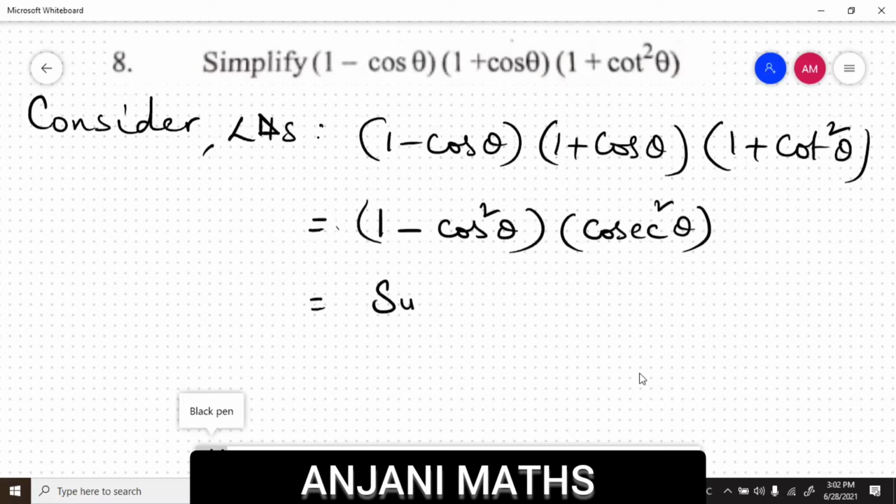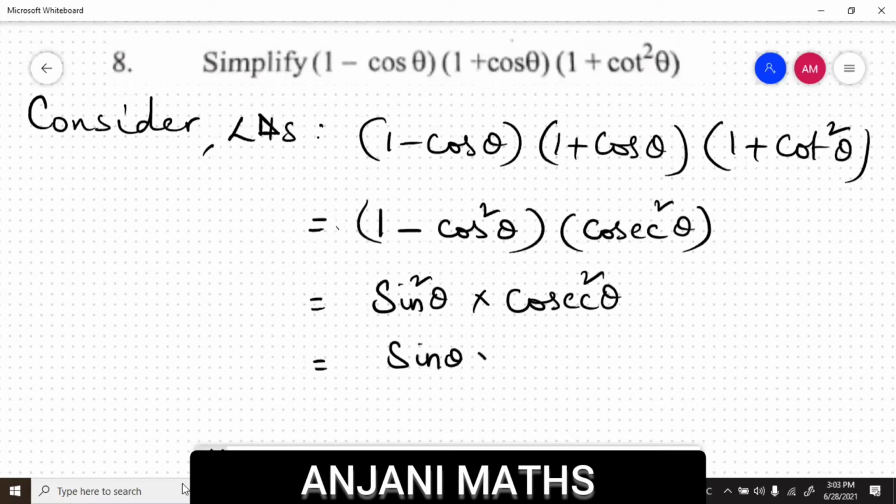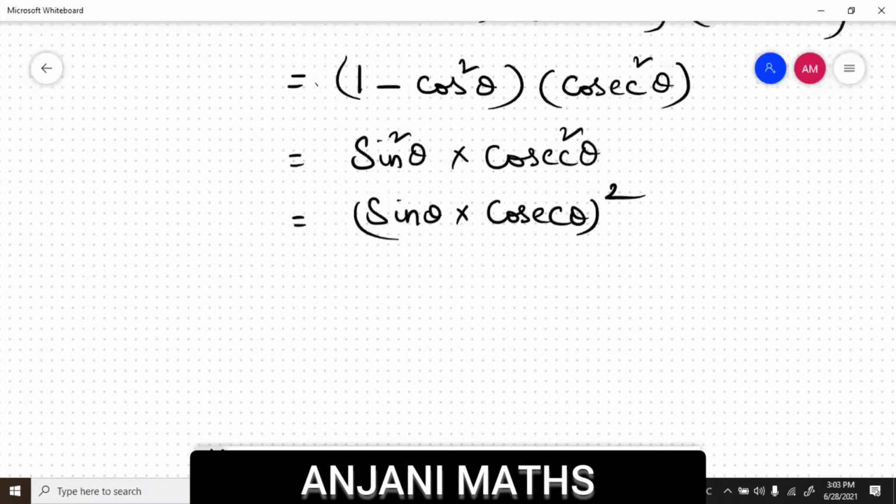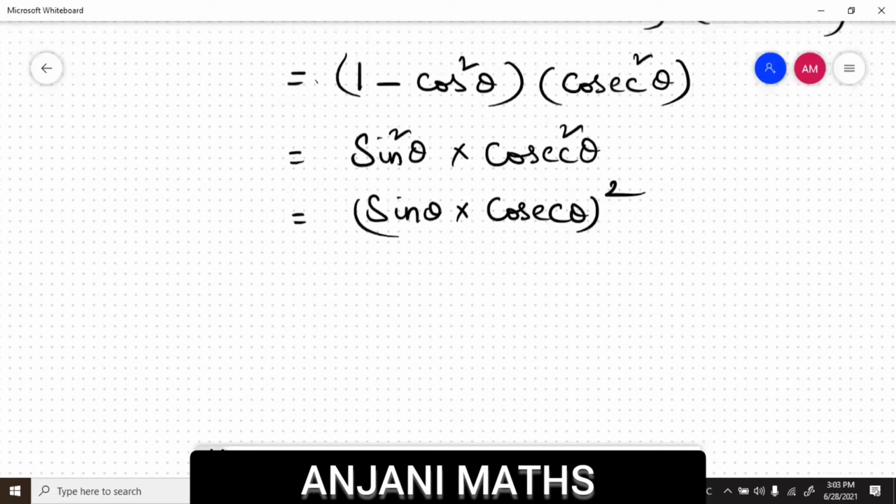It's nothing but sine square theta into cosecant square theta. So this is equal to sine theta into cosecant theta whole square. So what is sine theta into cosecant theta? It's nothing but 1. We know that.